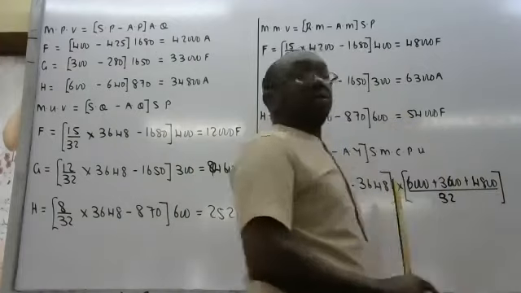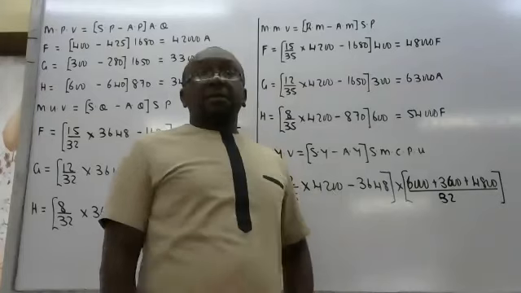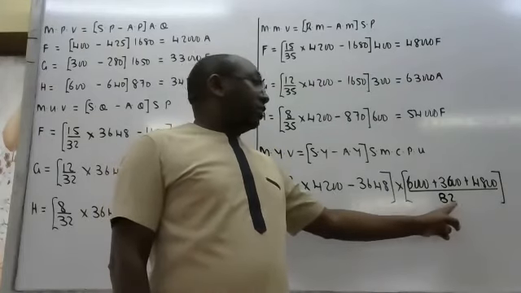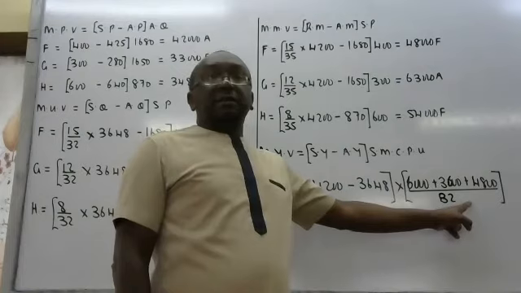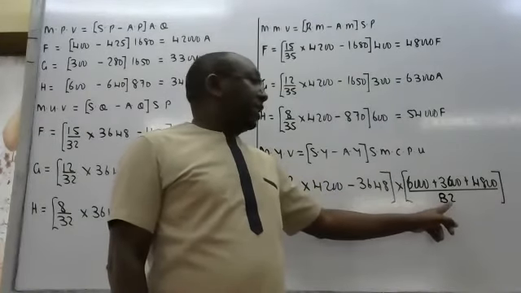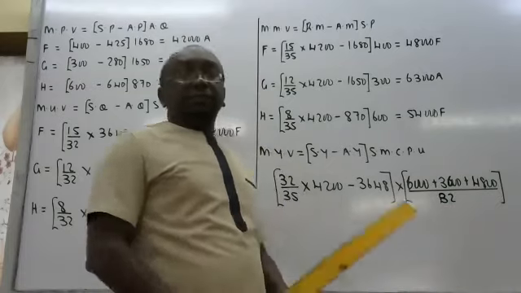You remember the question tulijibu juzi ilikuwa na 10% loss. You remember that? Tukasema hapa it was 1 minus 0.1 tukapata 90. So the same thing hapa tunasema 35 minus 3 equals to 32.